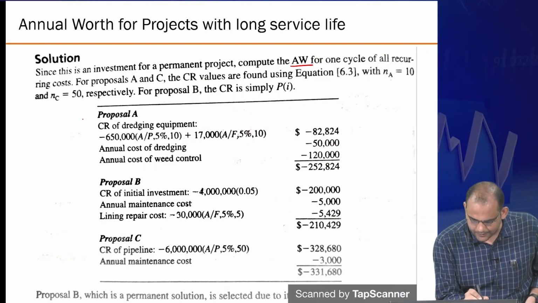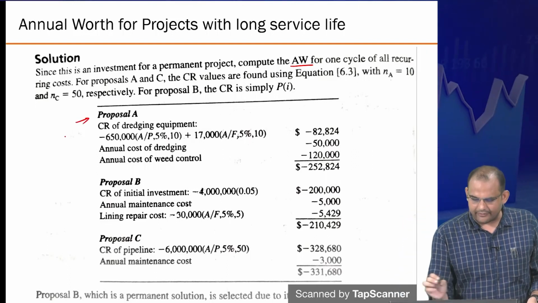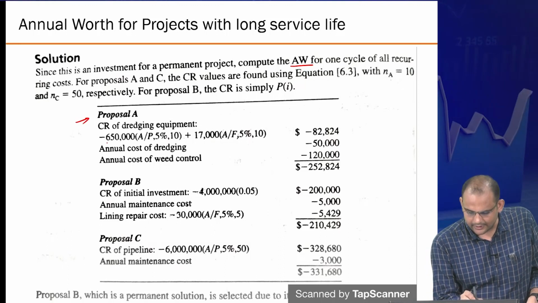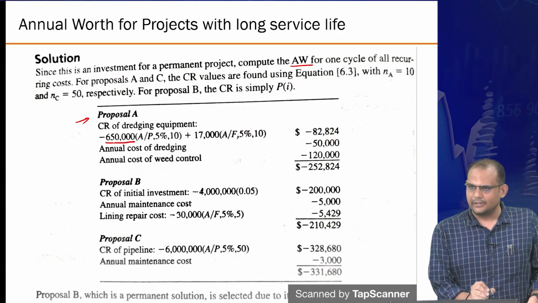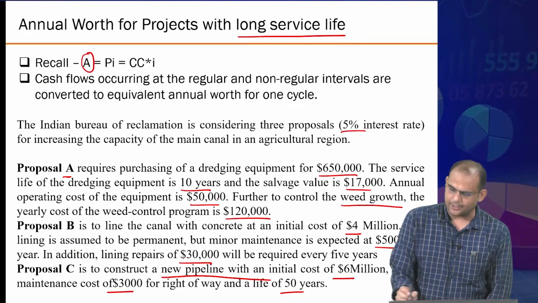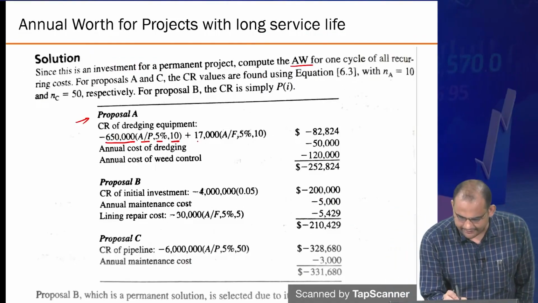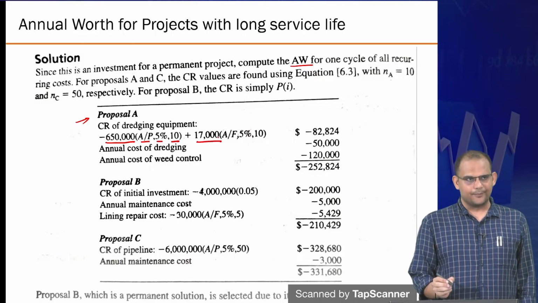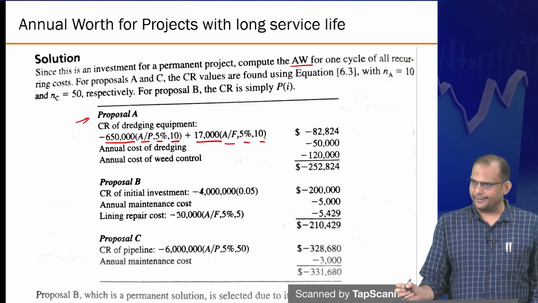So here in proposal A, your capital recovery factor for dredging equipment is what? 650,000 (A/P, 5%, 10 years). 10 years is the life of the dredging equipment, right? 17,000 is its salvage value, (A/F, 5%, 10 years).